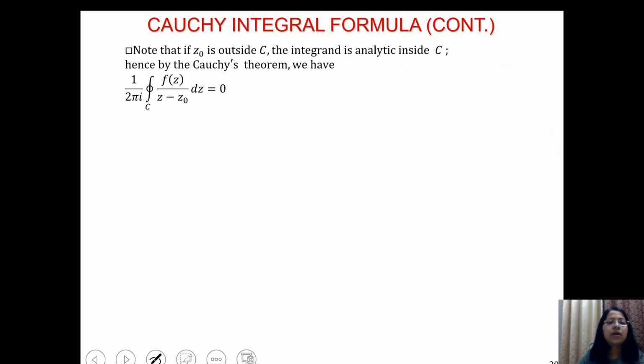So if z0 is outside C, the integrand is analytic inside C. This is a very important point. Since f(z) is analytic inside C, if z0 is outside C, then by Cauchy's theorem the integral must be 0. These are the standard results which can be used.